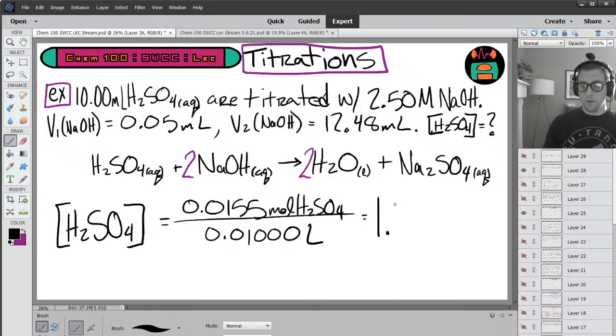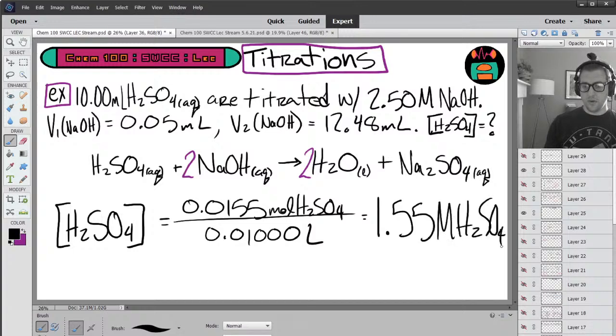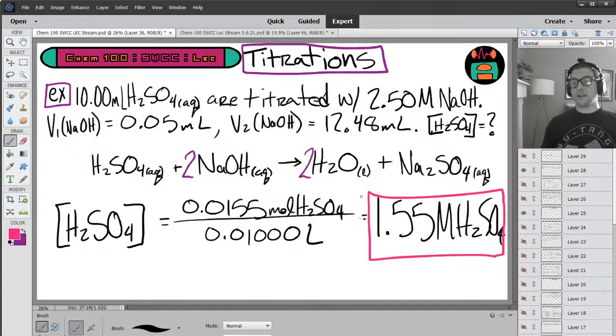So this comes out to be 1.55 molar H2SO4. And this is our actual final answer. All right, this is the solution to our problem.